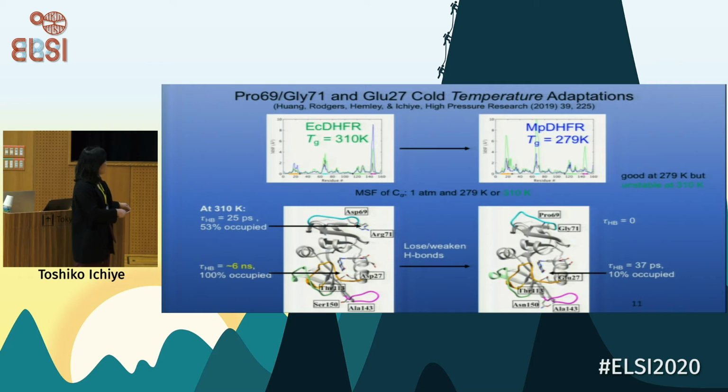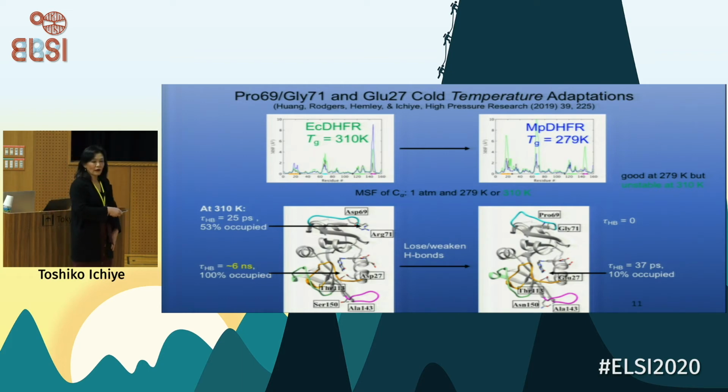There's another hydrogen bond. This one's kind of strange. It's between ASP27 and the backbone of residue 113. And in E. coli, it's 100% occupied. And in Moritella, it's only 10% occupied. So when I say fewer hydrogen bonds, I also mean weaker hydrogen bonds.